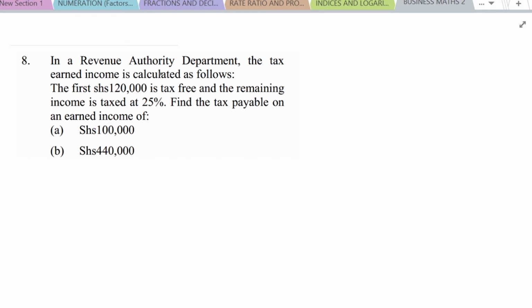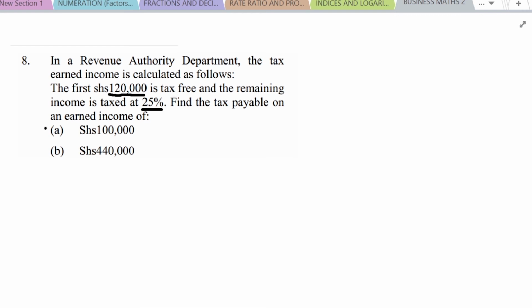In a revenue authority department, the tax on earned income is calculated as follows. The first 120,000 is tax-free, and the remaining income is taxed at 25%. Find the tax payable on earned income of 100,000. So now remember, they are telling us that the first 120,000 is tax-free.